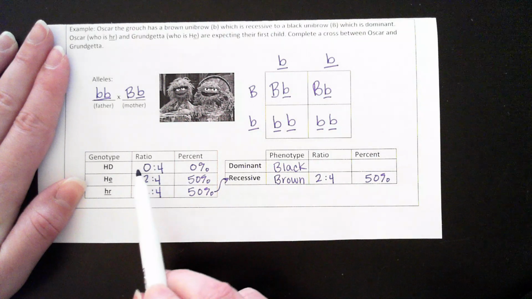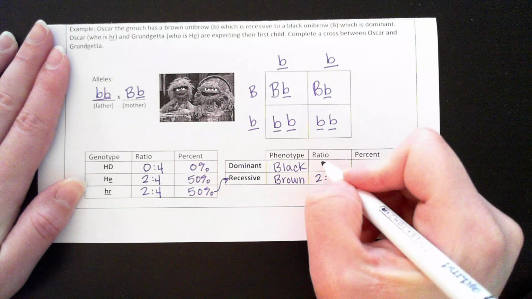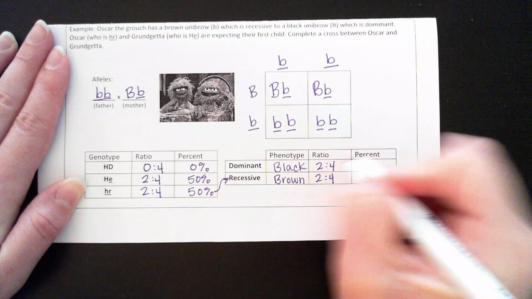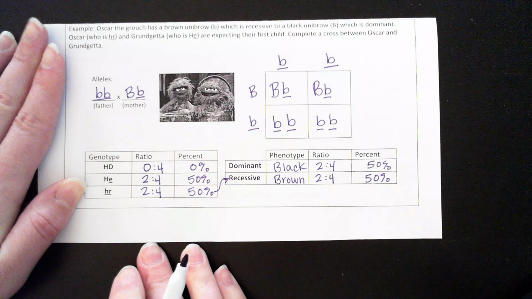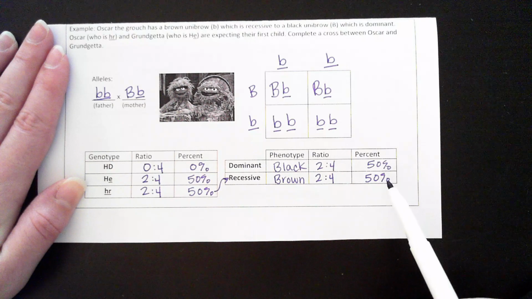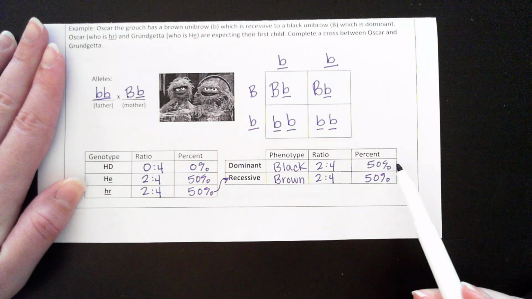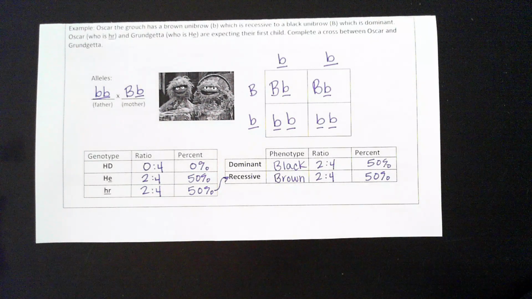And for our dominant, well, we don't have any HD, so it's just going to be the HE line. And now we have completed their cross. So that means that if they have a child, there's a 50% chance that they have a black unibrow or a 50% chance that they have a brown unibrow.